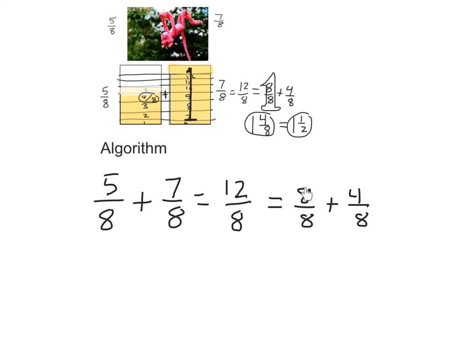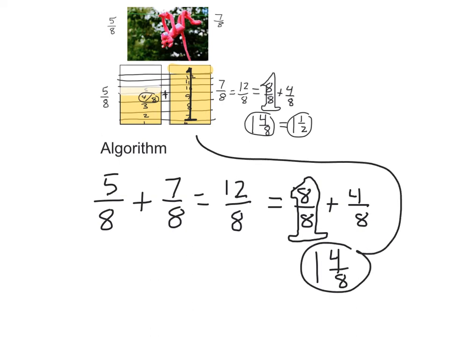So I can take 8/8 out of that, which is really the giant 1, right? So there's your giant 1, and I've got 4/8, so I can rewrite that as 1 and 4/8, which, as you see, agrees with our mathematical model right over there.